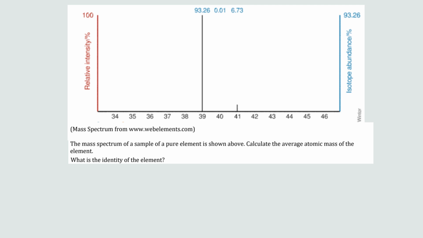The mass of 39 AMU is 93.26%. The mass of 40, it's a very small one, it's not even showing on there, is 0.01%, and the mass of 41 AMU has 6.73%. All we're doing now is trying to find the average atomic mass.